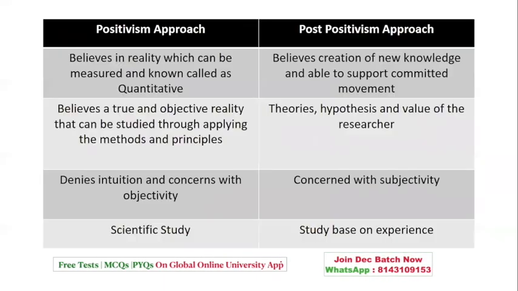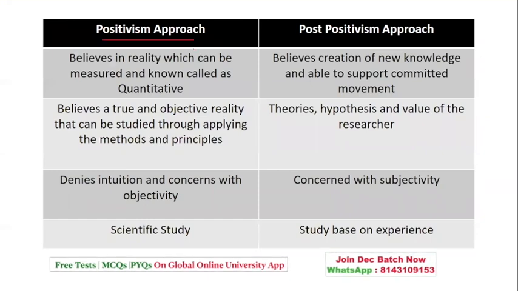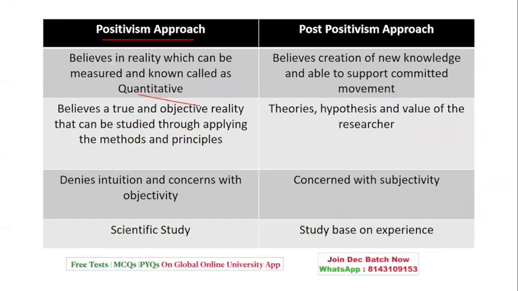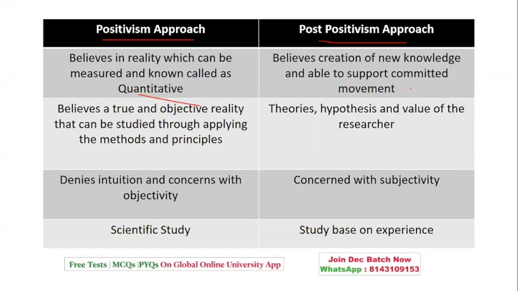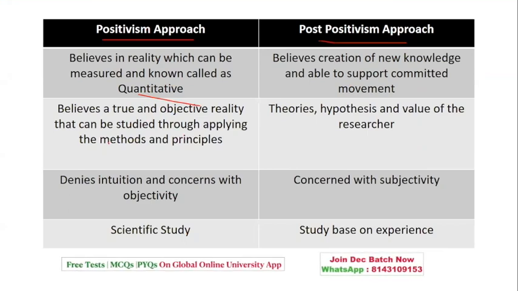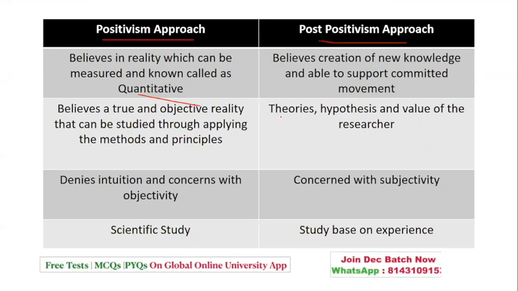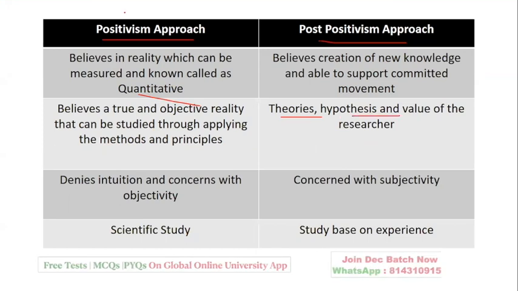Let's see quickly the difference between positivism and post-positivism. Positivists believe in a reality that is scientific. They are also called quantitative, whereas post-positivists believe in the creation of new knowledge and support the committed movement. They believe in objective reality through applying the methods and principles. They create theories and hypotheses, and the value of the researcher is done over here.